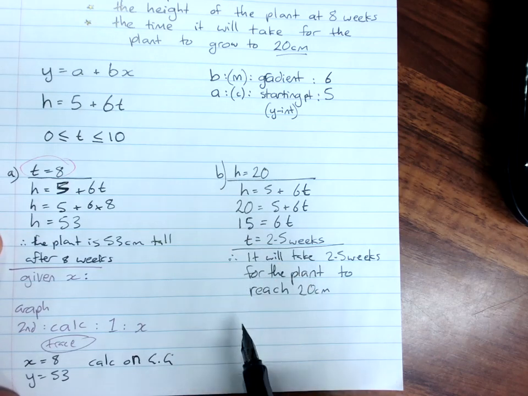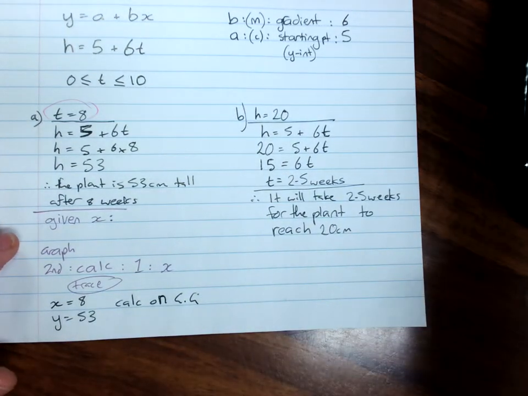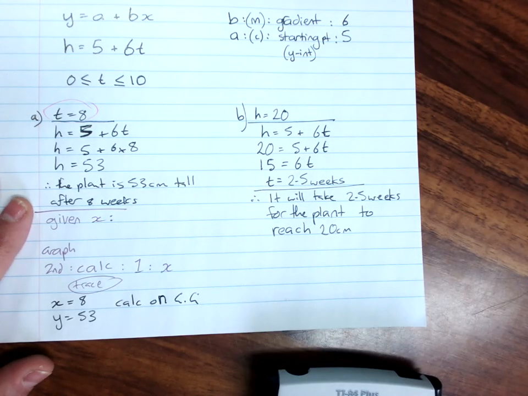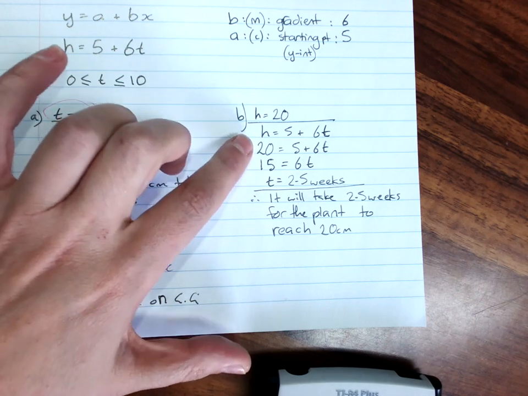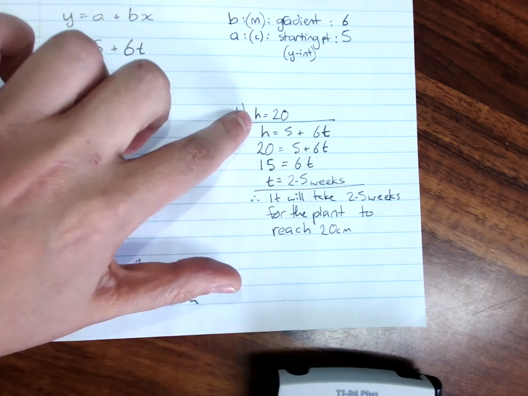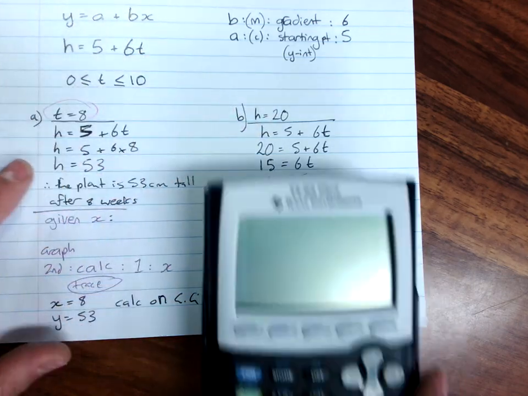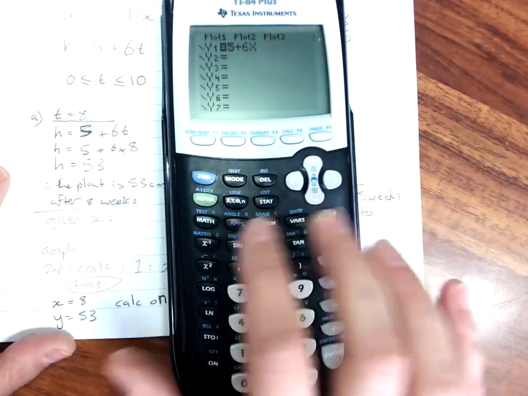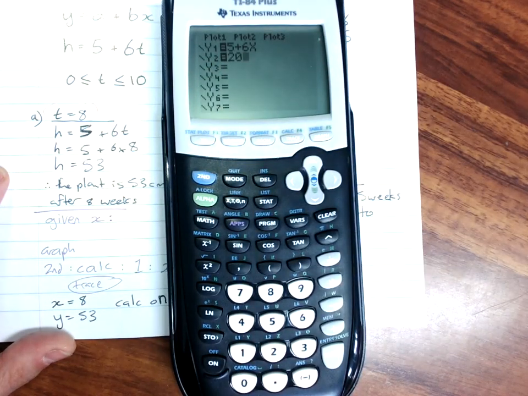A little bit trickier for when they give you the y value on the graphics calculator, but it can still be done. One of the easier ways is to graph the y line. If y, that is h in this, equals 20, go back into y equals and do a second line where y equals 20.